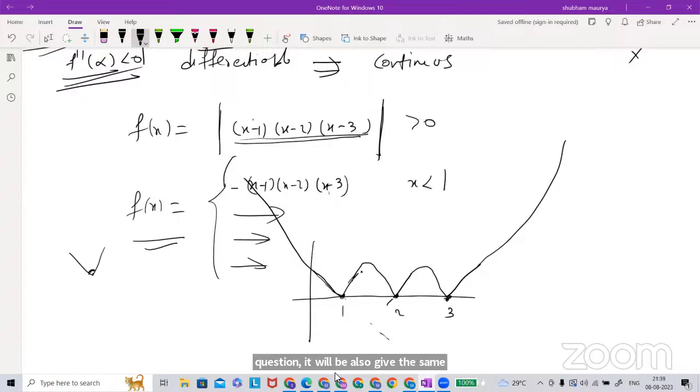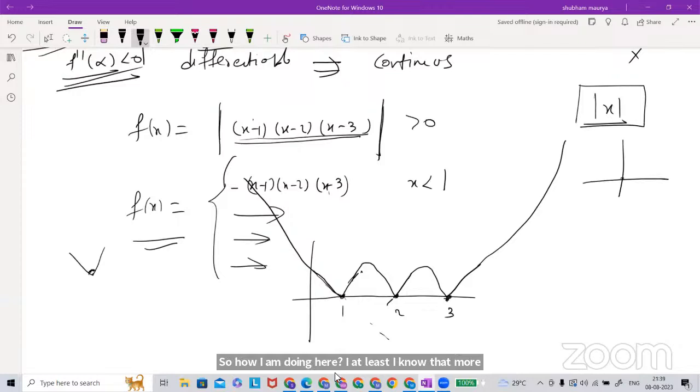Sir, how can we decide a sharp corner and a soft corner? For that, see, it actually needs more practice. How I am doing it here: at least I know that the mod function at 0 is a sharp corner.